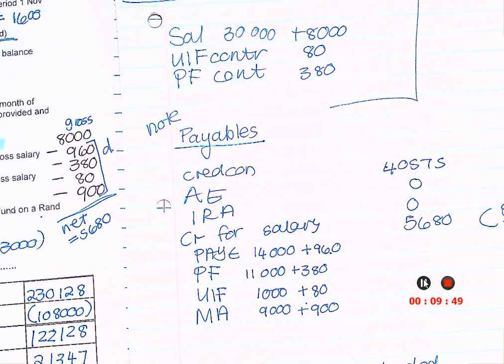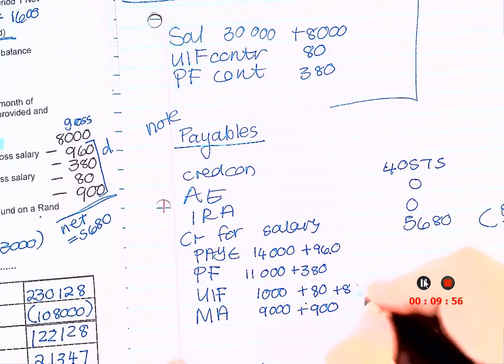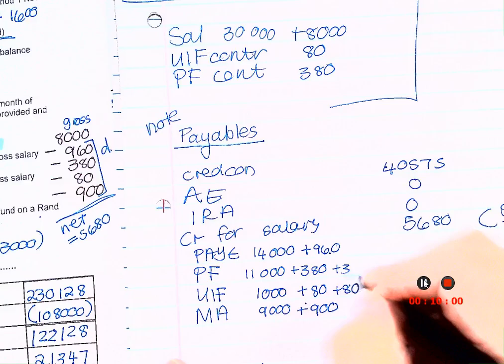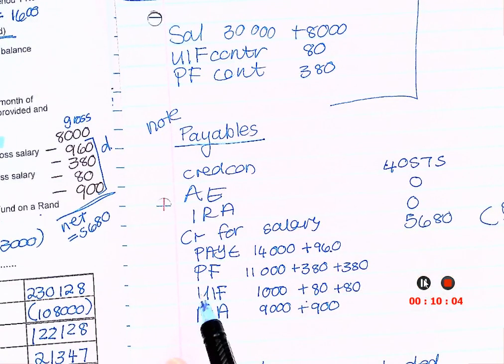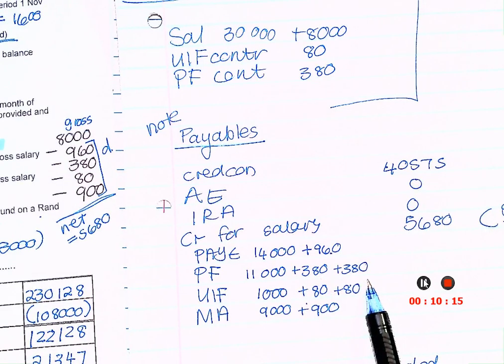But I also gave a contribution to the UIF and to the pension. See, now I double it. Because now I want to see how much do I need to pay over to SARS, or to the pension. I don't just pay the deduction, I also pay the contribution, so it's going to be 760.